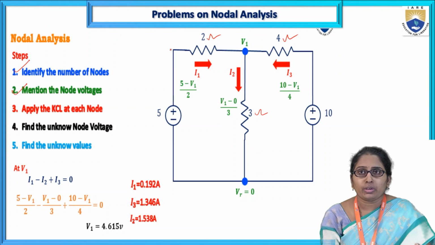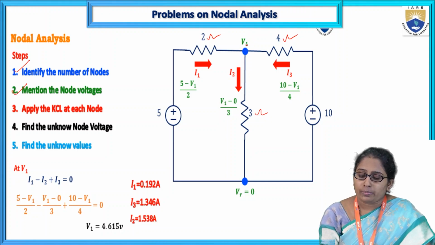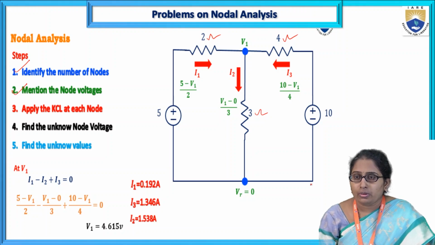Node means more than two circuit elements, but here only two elements, so this is not. Next element, this is a node, one node, yes or no? More than two circuit elements. So node 1. Now next, this is not a node, this is not a node, and this is another node, yes or no?